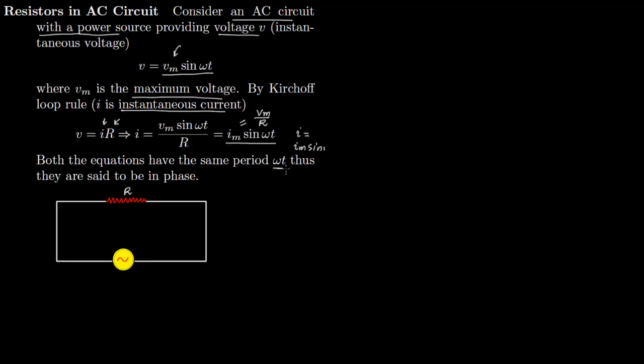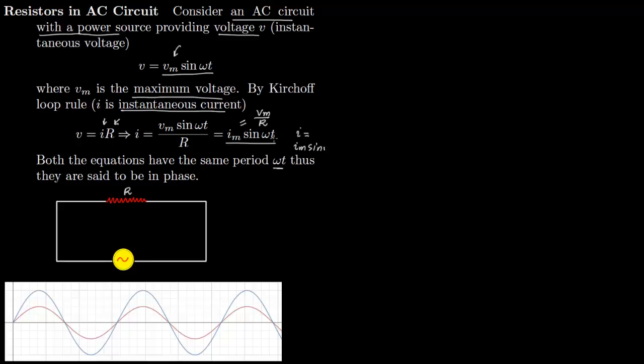So that means both these equations follow a sinusoidal wave, that is they follow the sine curve. Obviously they have the sine in the equation, and both have the same omega t angle. So in the figure it looks like this. So the red would be the voltage.